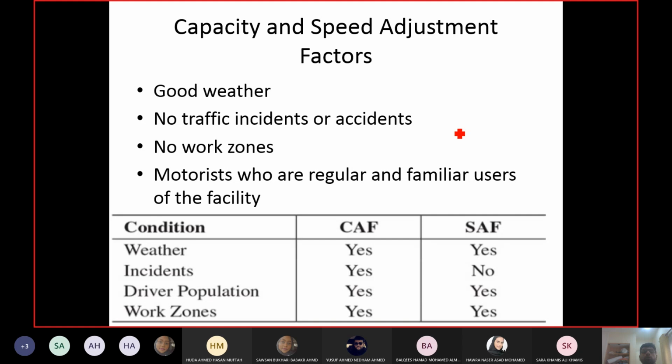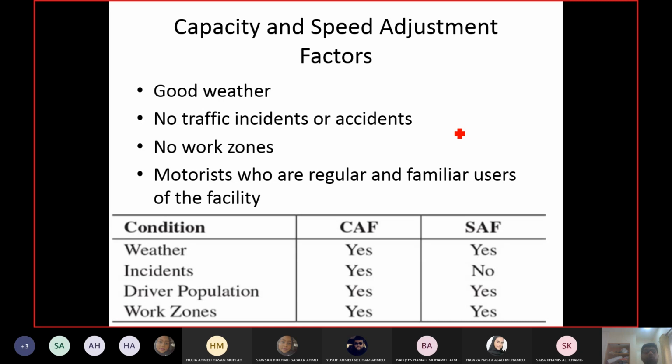Now, for example, if you have good weather, this is the base or ideal condition. No adjustment factor is required then for speed and capacity. If you don't have any incident or accident on the road, again, this is the base or ideal condition, and no adjustment factor is required.